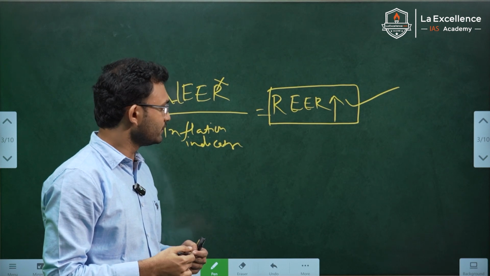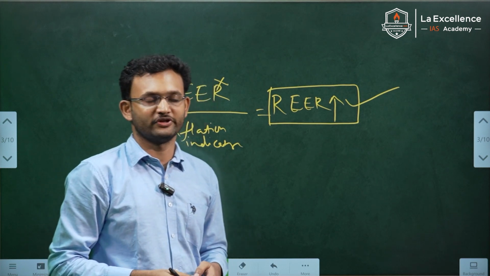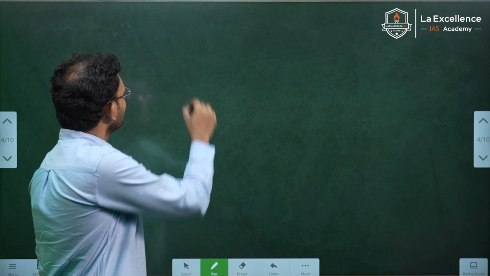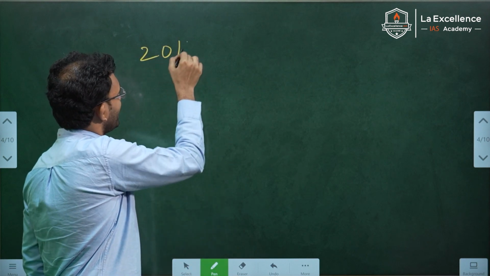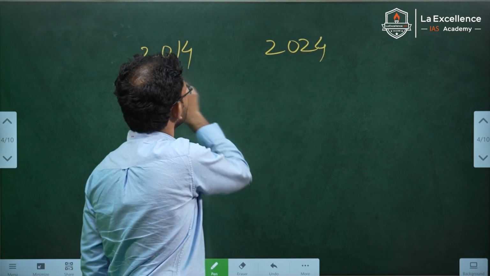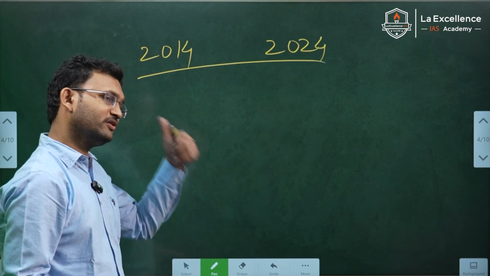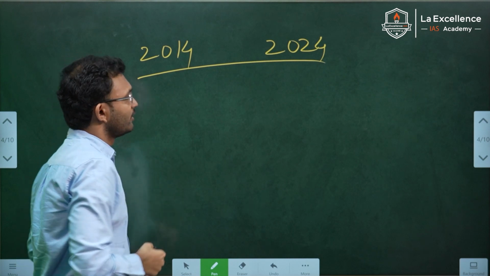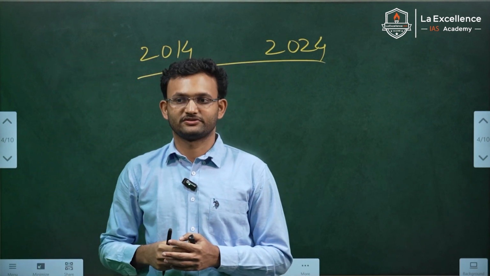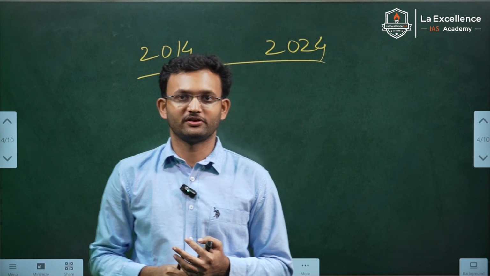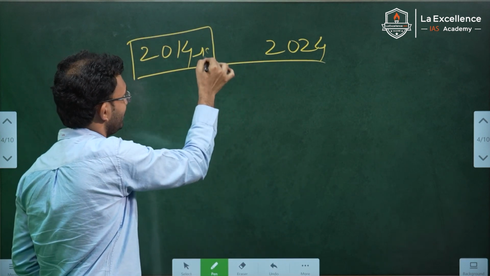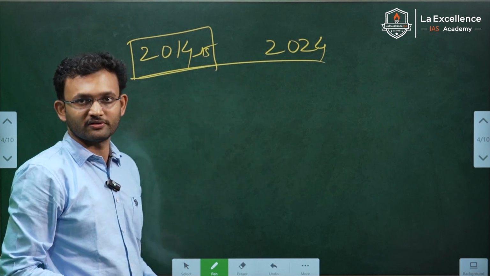So let's dive into the scenario which the RBI projects in its report. As we are looking at a decadal analysis of 2014 to 2024, in this decade, the RBI compiled a relative index to measure REER and NEER with 2014-15 as the base year.